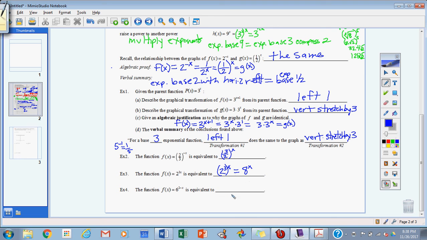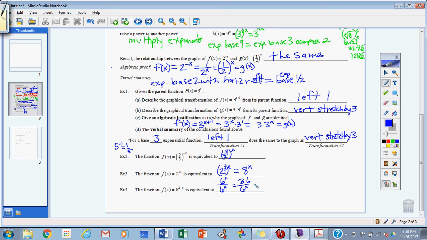This one here is a little bit trickier, but hopefully the subtraction led you to think about the power rule of subtraction. So we can write the same bases and it can look like that. What is that equivalent to? Obviously that's going to be 36 over 6 to the x power.